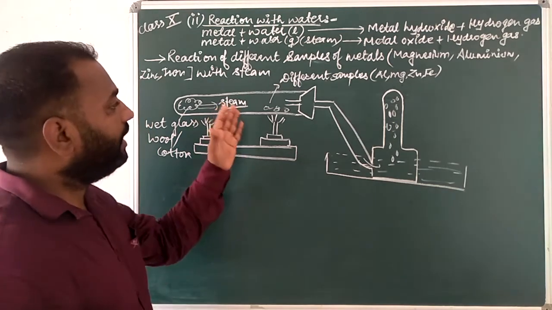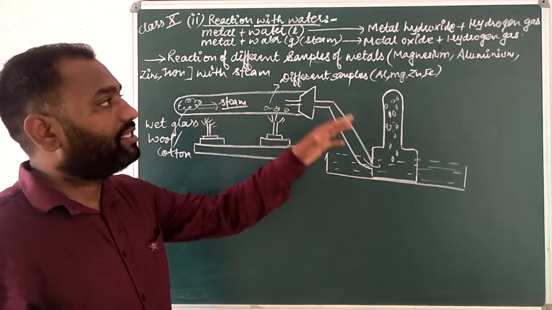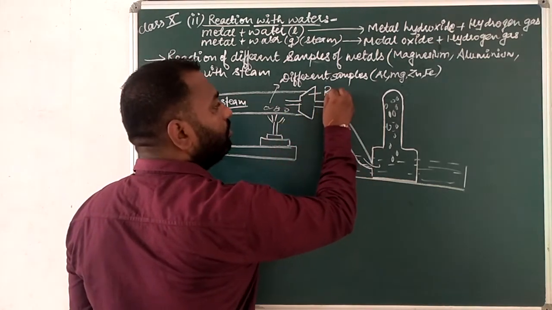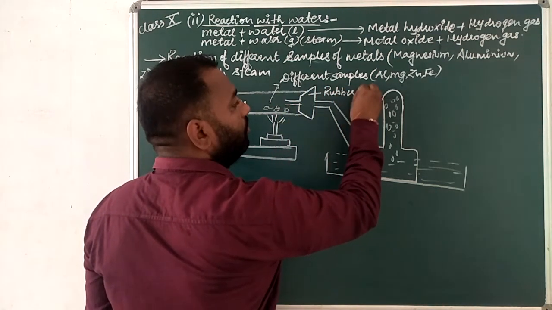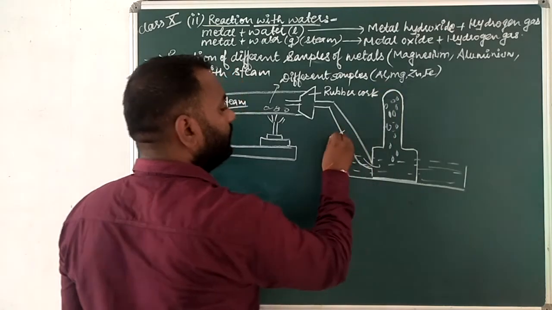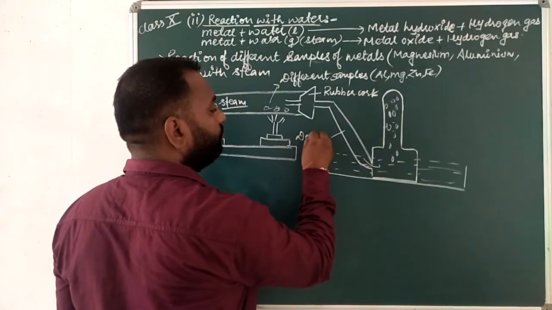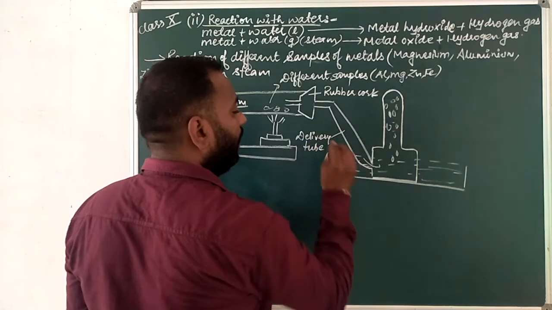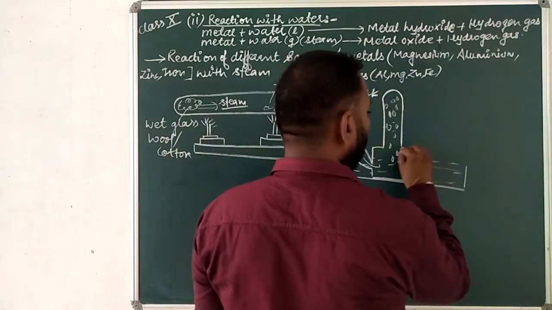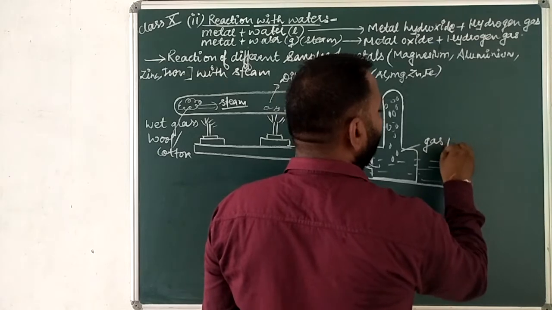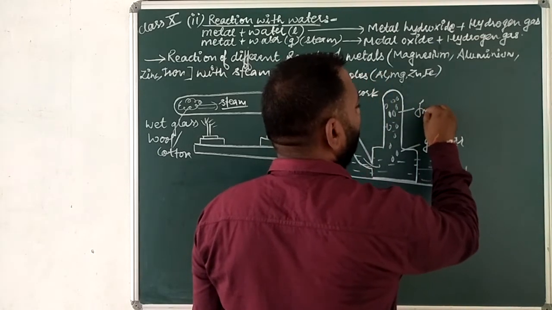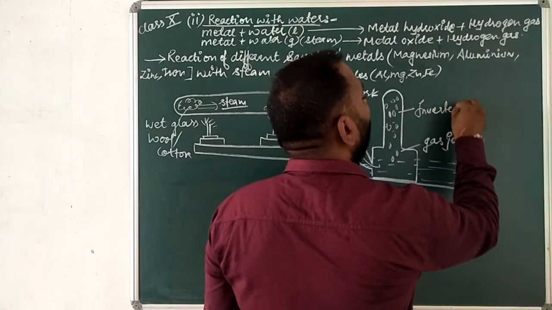One at a time we will get the reaction with the steam. This is the rubber cork. This is the delivery tube, and this is the gas jar in inverted form.